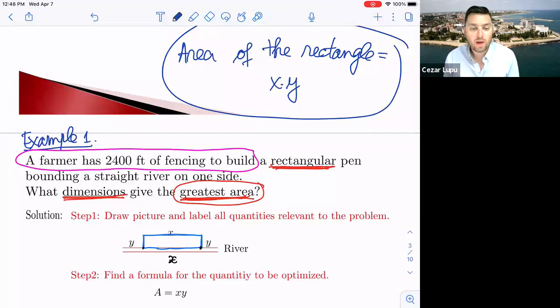In other words, I would like to see when that product XY is the greatest, and for which X and Y this happens.